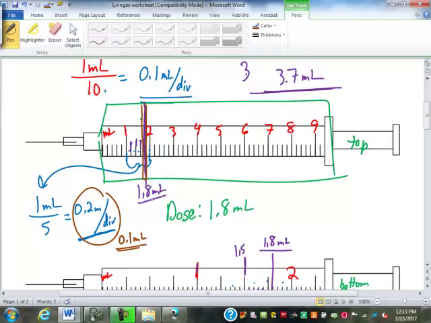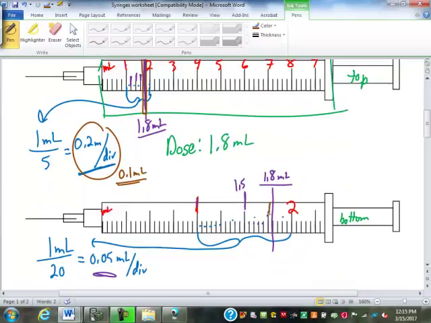When you're only dealing with a 1.8 milliliter dose, that's nearly a 5% error. Over here, if we're off by half a mark, well, half of the 0.05, we're only off by 0.025 milliliters, which is less than a 1.5% error.